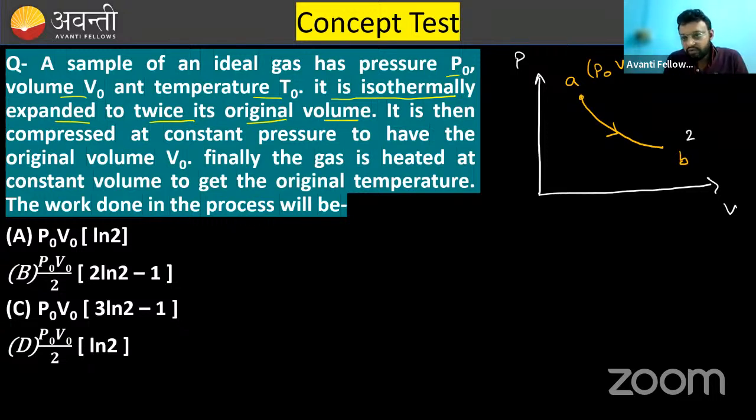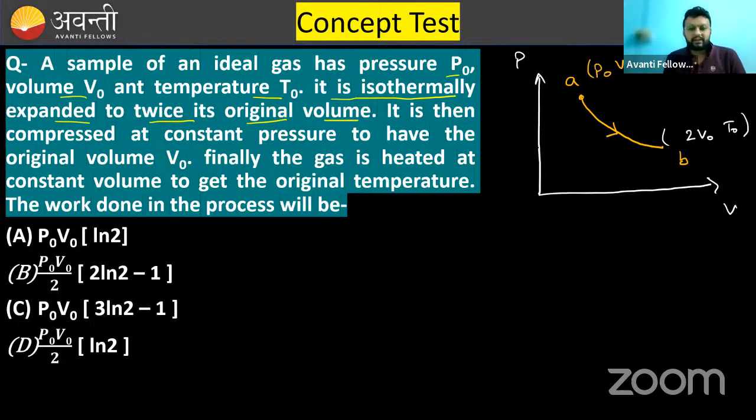So volume here is 2V naught. What about the temperature here? Since it is isothermally expanded, temperature will remain the same. Only the pressure we don't know. Volume is 2V naught, temperature is T naught.